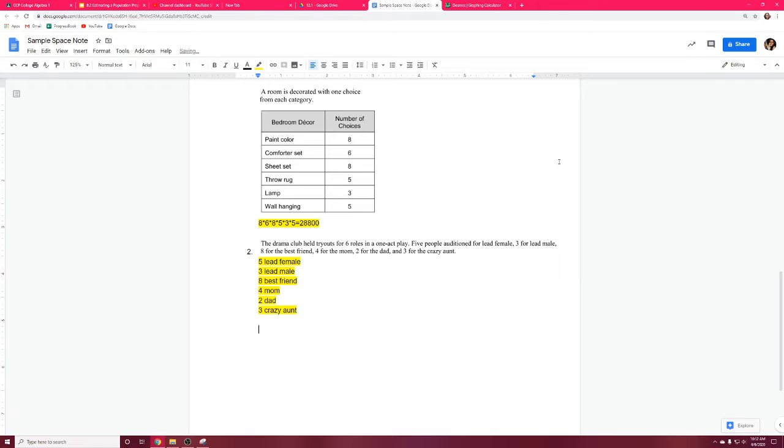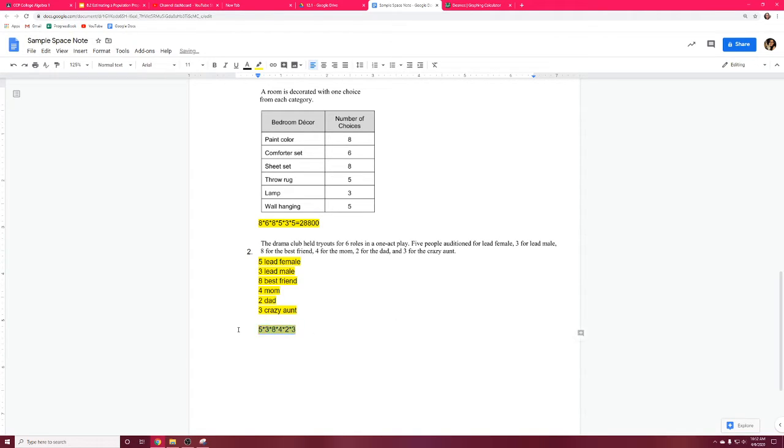So there are 1, 2, 3, 4, 5, 6 events, and each event has different possible outcomes. If you want to find the combination of all the casting, you just multiply them together according to the fundamental counting principle: 5 times 3 times 8 times 4 times 2 times 3.